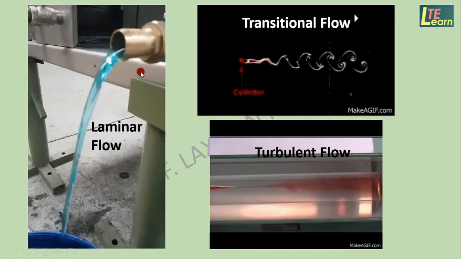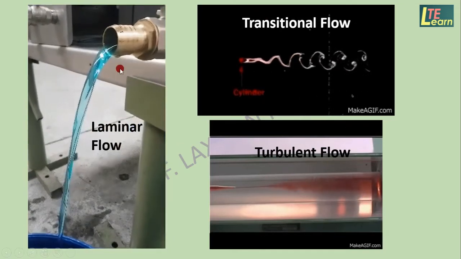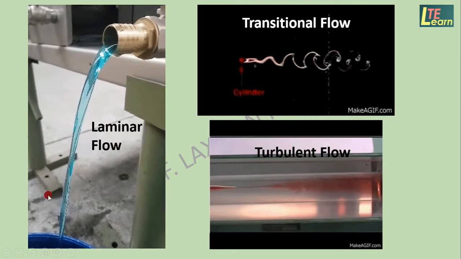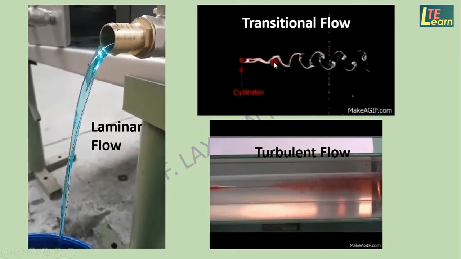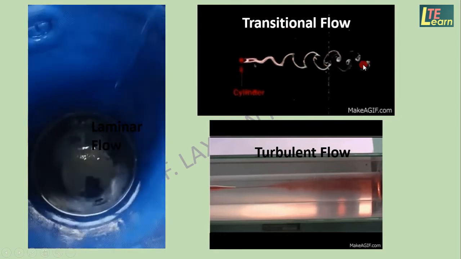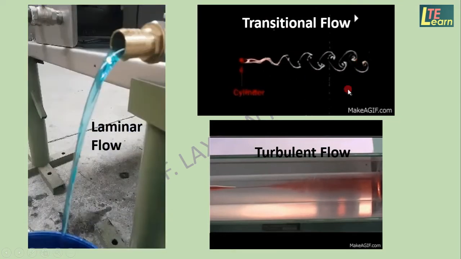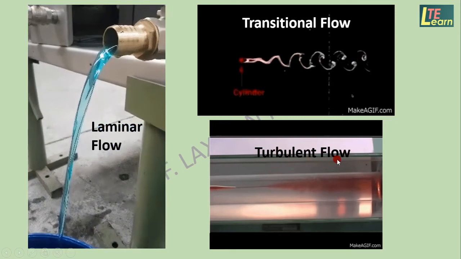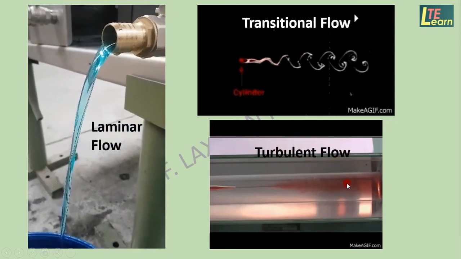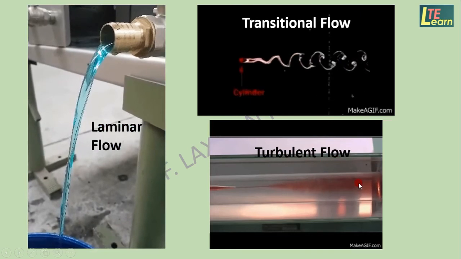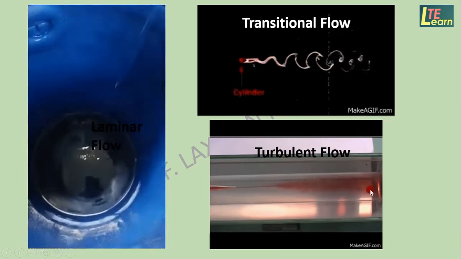This is laminar flow, in which flow takes place in a straight filament. In transitional flow, the filament is wavy or zigzag in nature, and in turbulent flow, the flow particles are diffused in the flowing fluid, that is the water.